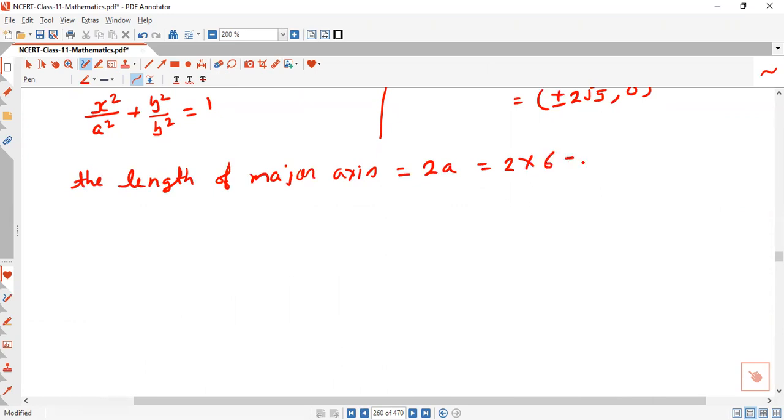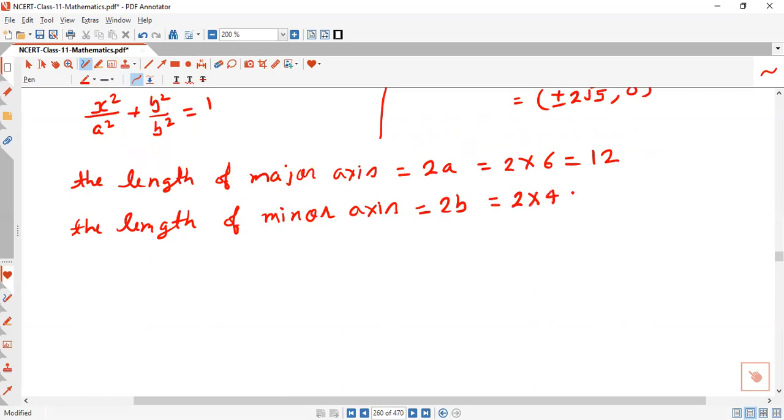So we have 2 into 6, we have 12. 12 is the length of the major axis. The length of the minor axis will be 2b. And here b is 4. So we say 2 into 4. So the length of the minor axis will be 8. So we have found the major axis and minor axis.